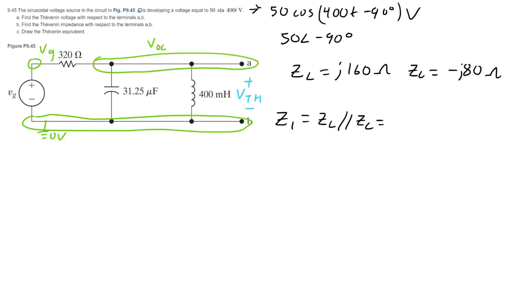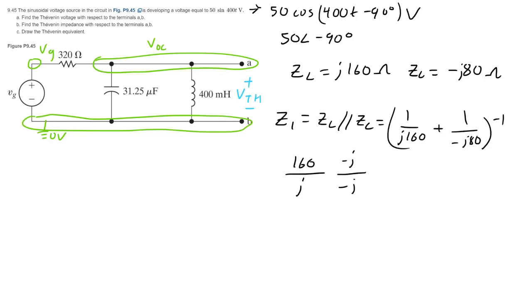That's just going to be 1 over J160 plus 1 over minus J80, so minus 1 over J160, which I got as 160 over J. If we multiply that by its complex conjugate, you get minus J160 ohms is our Z1.